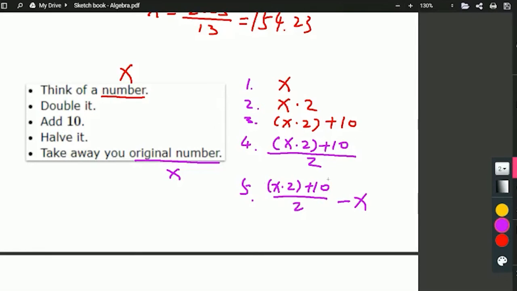So I'm not going to actually do this again. We'll learn how to deal with an algebraic expression in the future. But I just want you to see that what's behind that trick is algebra. This is algebra.